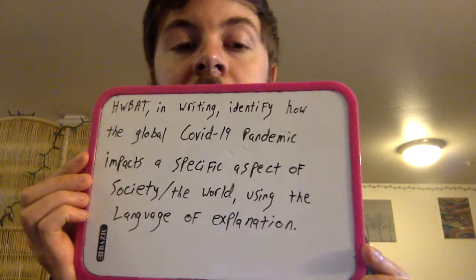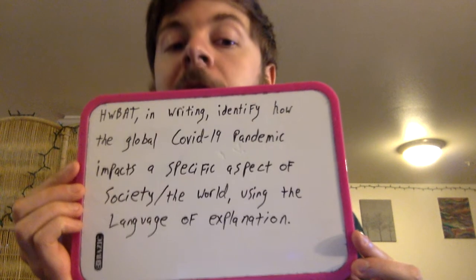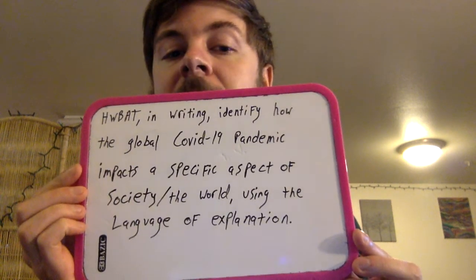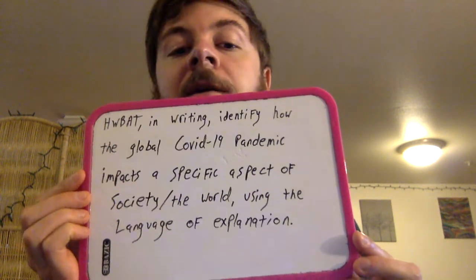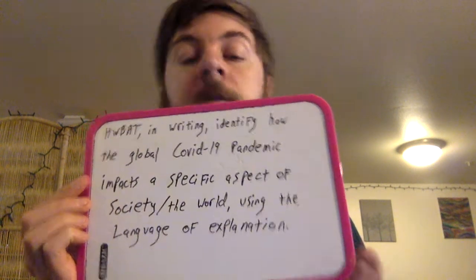So we're going to look at these events today, and you are going to get to choose what you want to specifically focus on that relates to the coronavirus or COVID-19, whatever you prefer to call it. Our aim today is that historians, or social scientists, will be able to identify in writing how the global COVID-19 pandemic impacts a specific aspect of society or the world, using the language of explanation.